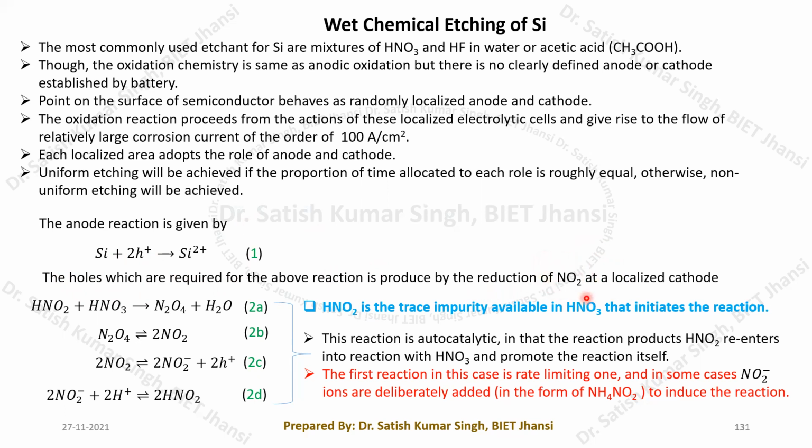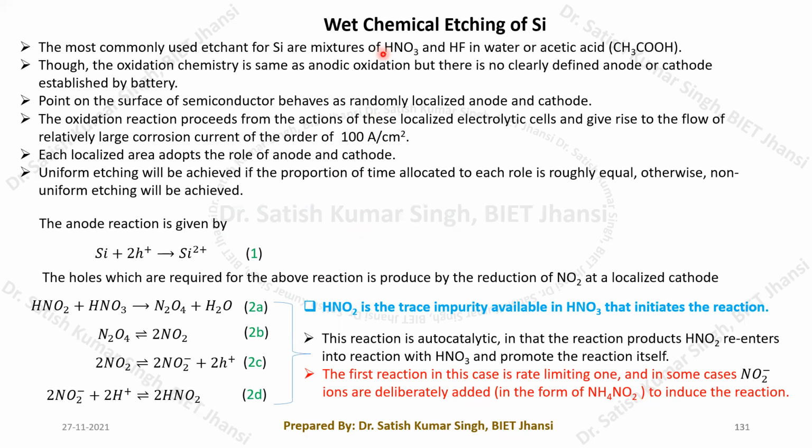First we have to take a solution of HNO3 and HF. These two combined we have to take. Now, within the chemical solution of HNO3, a very small amount of HNO2 impurity will always be available. We don't add this HNO2 externally, but rather it is available along with the HNO3 itself.